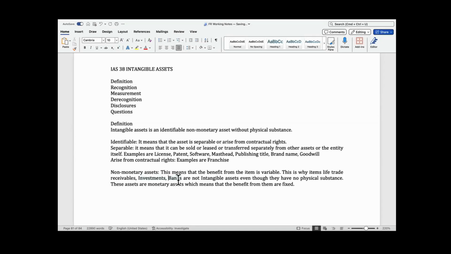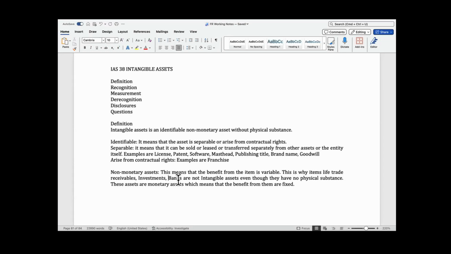Yes, they will describe a person, but the asset itself you can't see. The closest you can come to it is a paper, a contract, an invoice. Investment, you can't see it. It's not something that has physical substance.